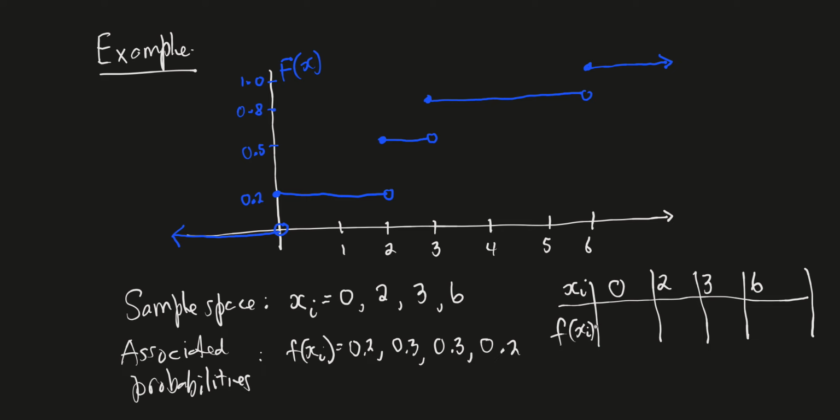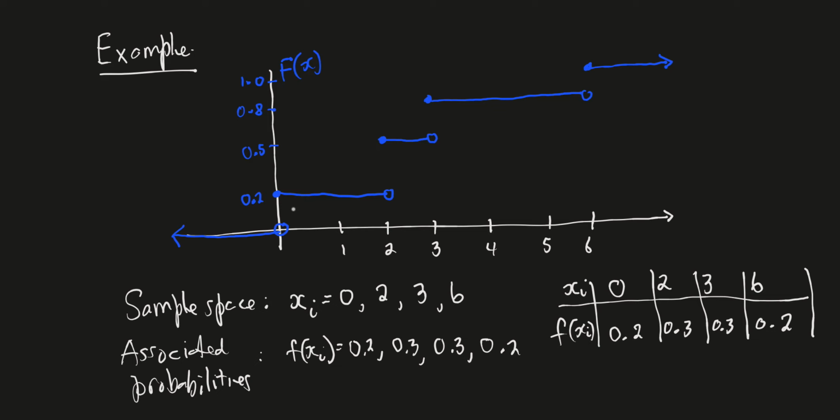Because again, remember, a 0 probability represents something that's impossible. But based on where these jumps are, we know for a fact that these are the 4 possible values, and here are the associated probabilities, right? 0.2, 0.3, 0.3, 0.2. So that's how you can go from the CDF to the PDF.